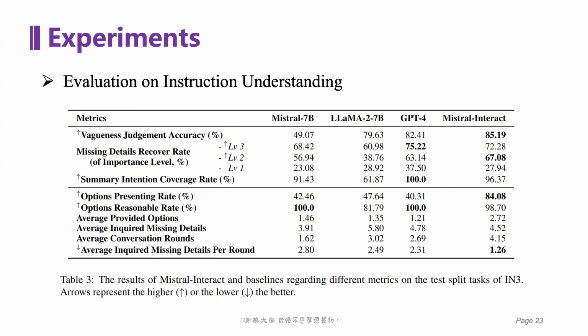Okay, so here's the main results table. For our trained model compared with previous open source and closed source models, we can see our model can achieve higher vagueness judgment accuracy and can recover more missing details and give a comprehensive summary.